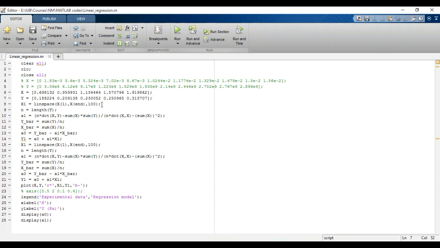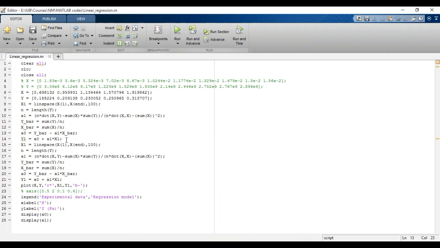So this is the code, and these are again the same values of theta and T. n is equal to length of y, so if we have five values, then n will be equal to 5. This is a1, this is x bar, this is y bar, this is a naught. Again, the same values and expressions are used in this MATLAB code.